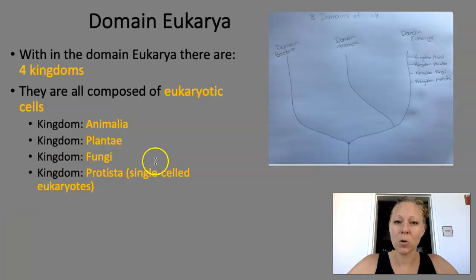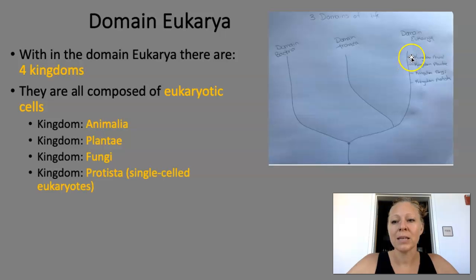If we break this domain down a little bit further, here's our tree of life again. Here's domain Bacteria, here's domain Archaea, and here's domain Eukarya. There are four kingdoms that we're going to study in domain Eukarya. There are other kingdoms, but we're just going to look at the four here.